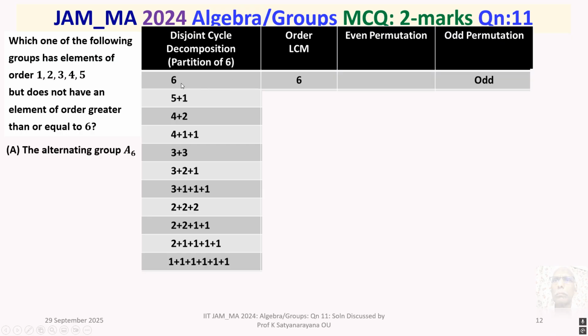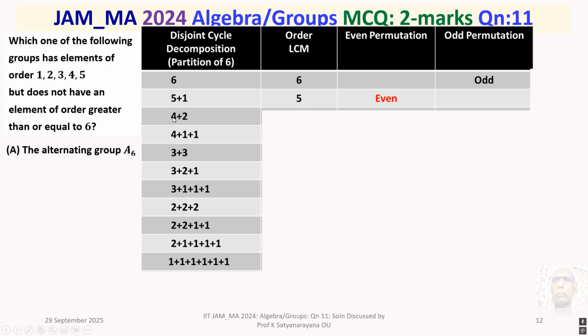If it is a cycle of length r, then it is the product of r minus 1 transpositions. Right. 5 plus 1: 5 is odd, so it's a product of 4 transpositions. Therefore, it's an even permutation, and the LCM is 5.